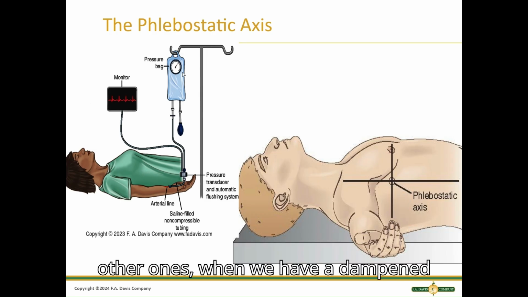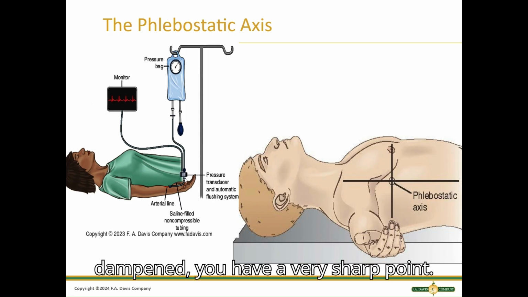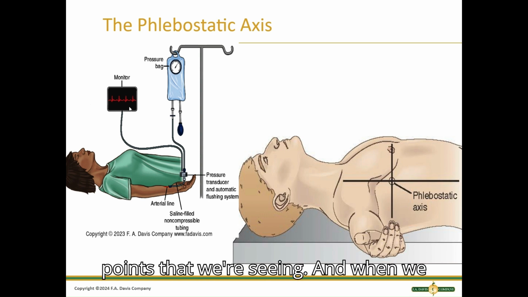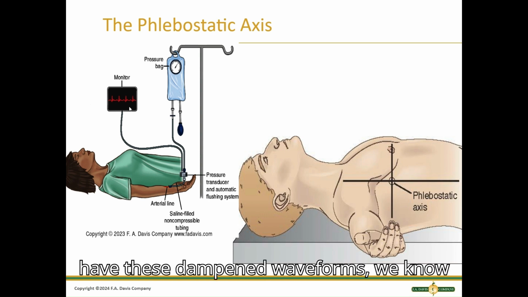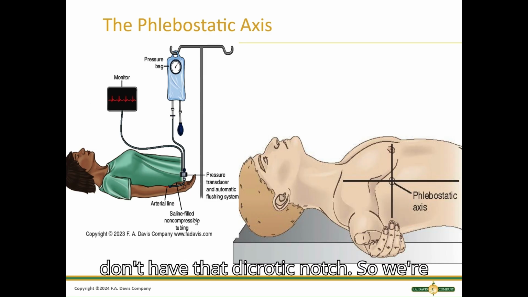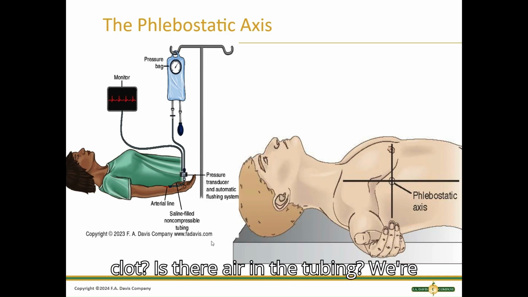So you're going to have a pressure bag that is attached to a transducer that has an automatic flushing line. And then that transducer hooks into our pressure line, which then sends that waveform, that rhythm that we're looking at, to our monitor. When we talk about a phlebostatic axis, that is your mid-axillary line.